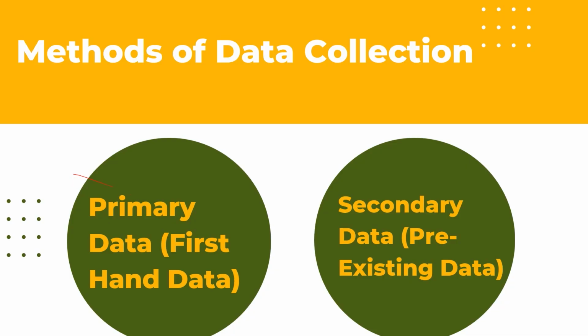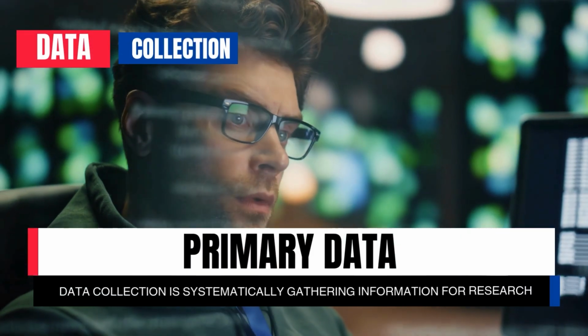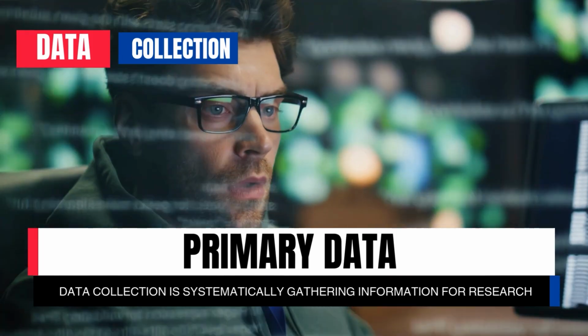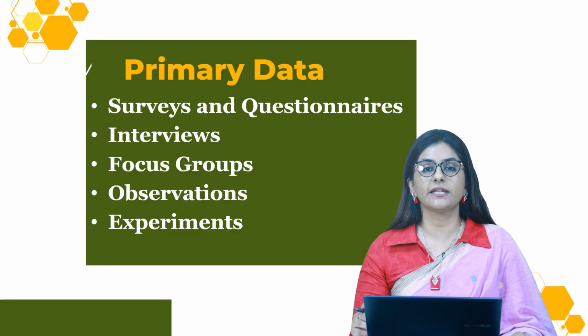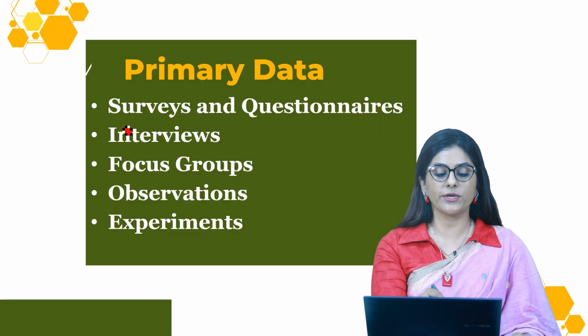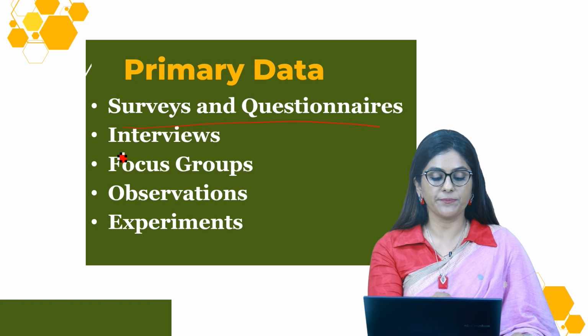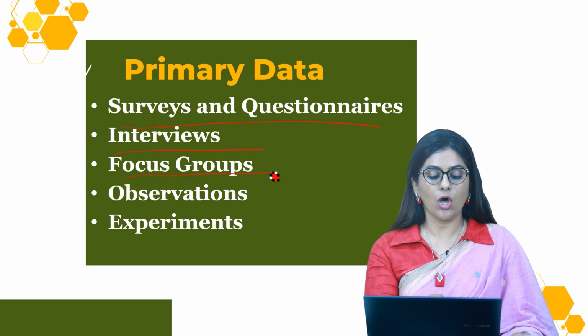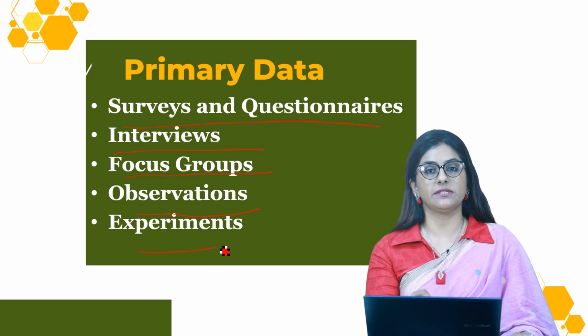Broadly, when we classify these methods of data collection, it is primary and secondary data. Primary data is said to be the first-hand data, whereas the secondary data is usually the pre-existing data. Let us understand what are the various types of primary data. Under primary data, we have survey and questionnaires, interviews, focus groups, observations and experiments.